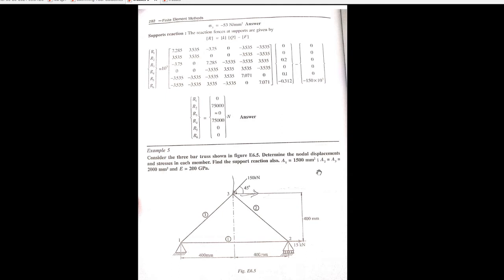A1, A2, A3, everything given in the problem. E also given. We need to determine the nodal displacement and stress and also find support reactions. But here one support is again fixed, here one horizontal, and here one more load is given, 15 kilonewton.